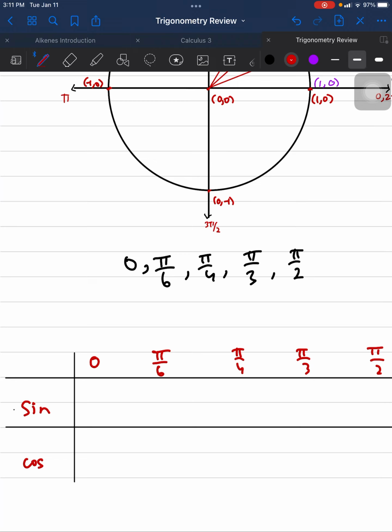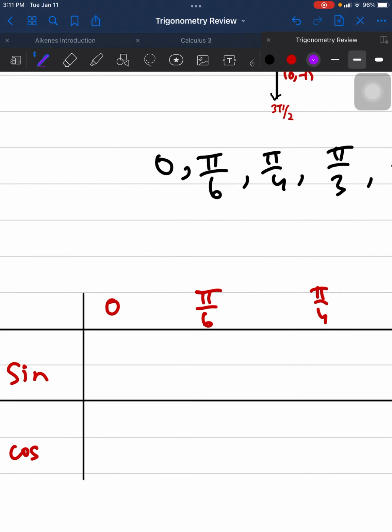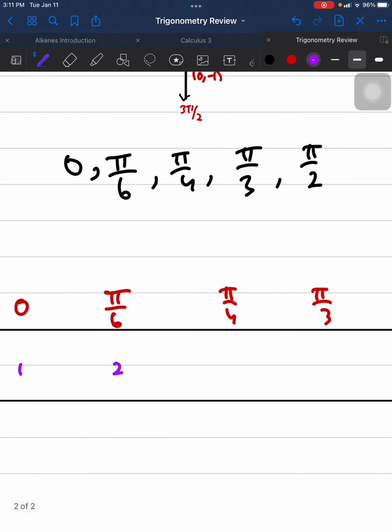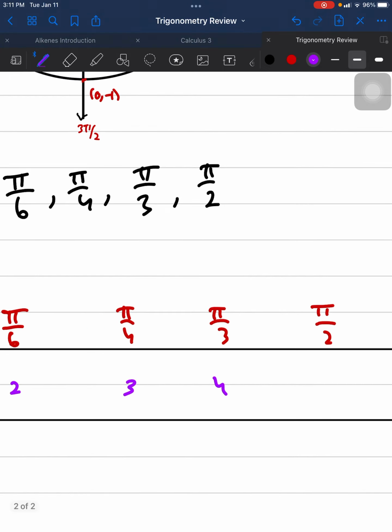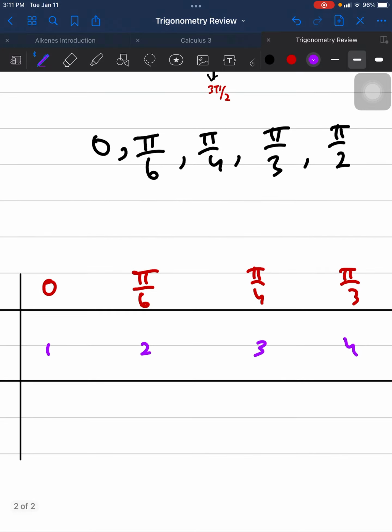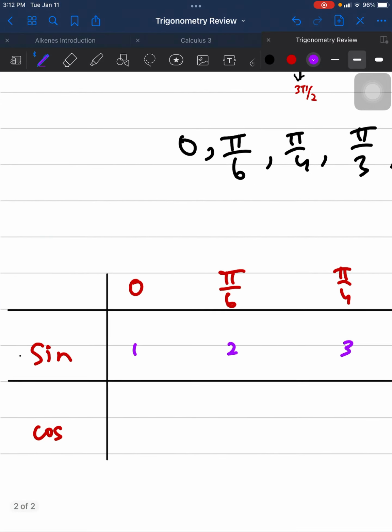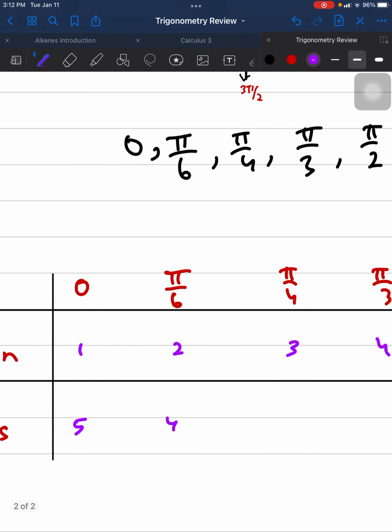So the little trick I've been doing is, for sine, you can write out 0, 1, 2, 3, 4. And for cosine, you can write the same thing, but backwards.